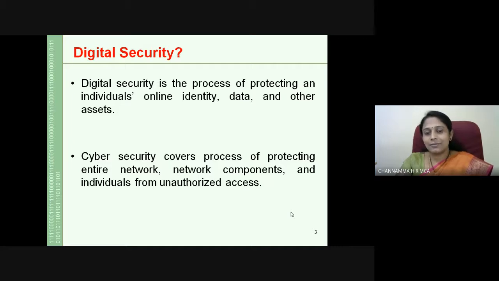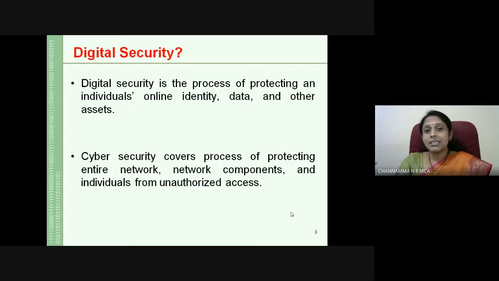Hence we are living in a society, and society is very important. If we want to protect ourselves, our society must also be protected. Then only we can be safe. Otherwise, we cannot live protectively. If we protect our house, we cannot just sit inside the house and live. Our society must also be secured, then only we can live peacefully.